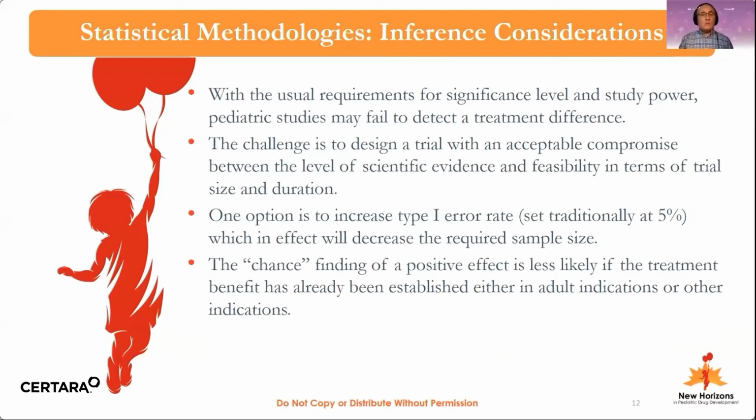But it turns out that with extrapolation, we can increase the type 1 error rate to, let's say, 10% instead of 5%, because wrongly concluding a treatment benefit is less likely with extrapolation, because the treatment benefit has already been established in the adult population, let's say.